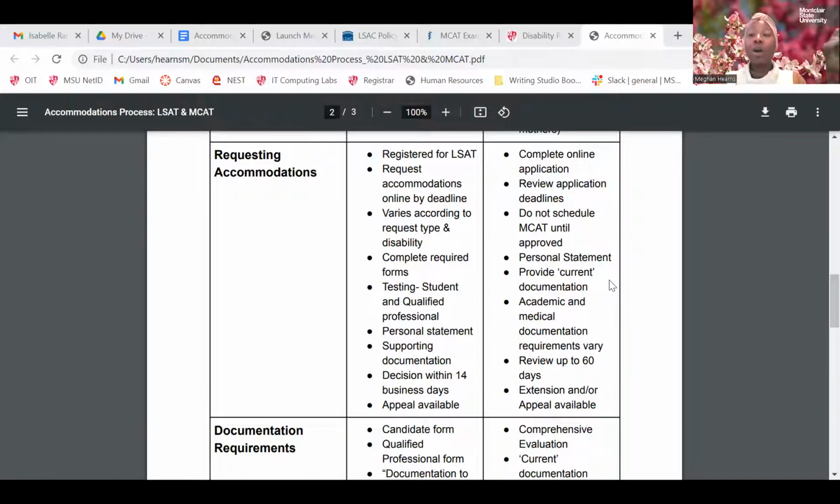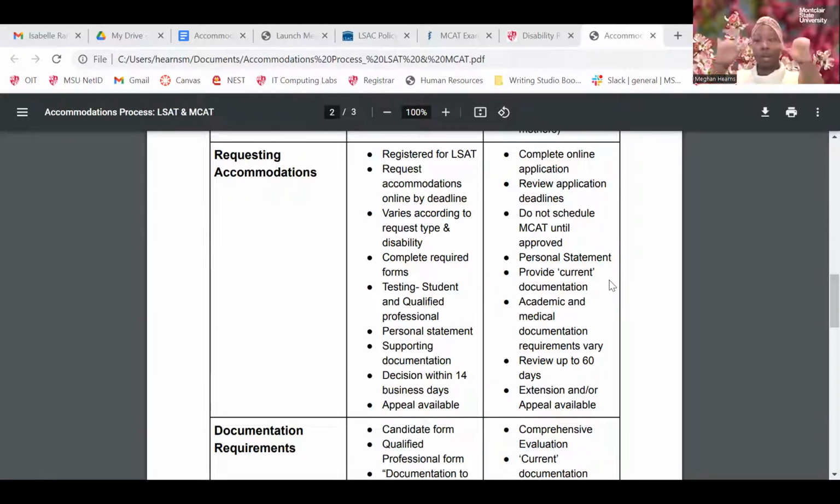For the MCAT, you want to make sure you're looking at those application deadlines. The review of the application takes up to 60 days, but your application has to be in the system. There's a certain amount of days before your date that you need to get that in the system. Because if you're approved, it takes about 15 days before you have to then schedule the exam, at least 15 days.